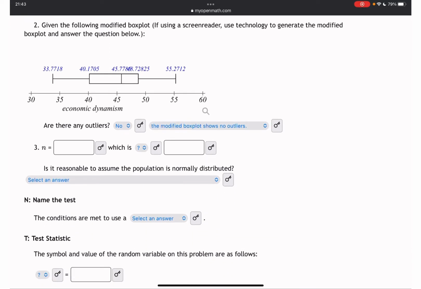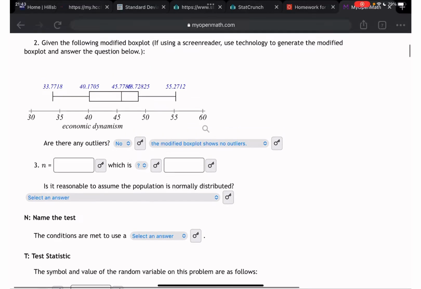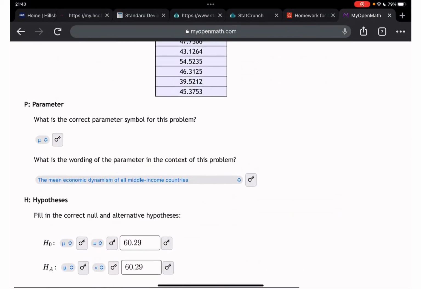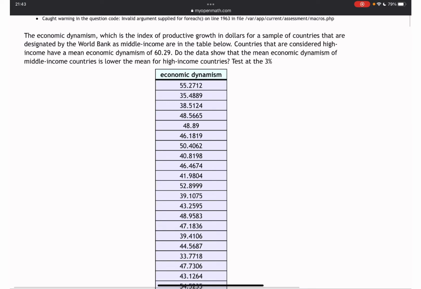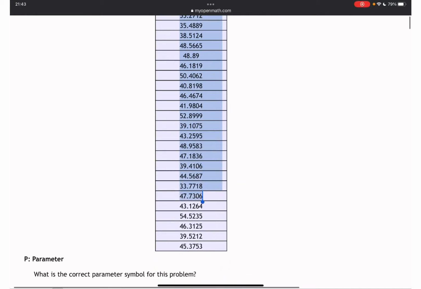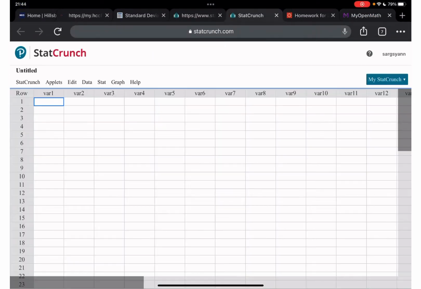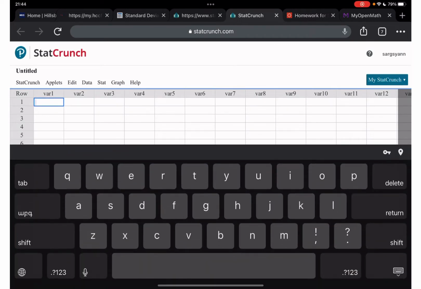How much is n? Well, we need to go and count it. I guess we can count if we copy and paste into our StatCrunch, because we have to copy anyway to continue with other data information. So once we copy and paste, the last number will give us the sample size. Copy. Here is my StatCrunch.